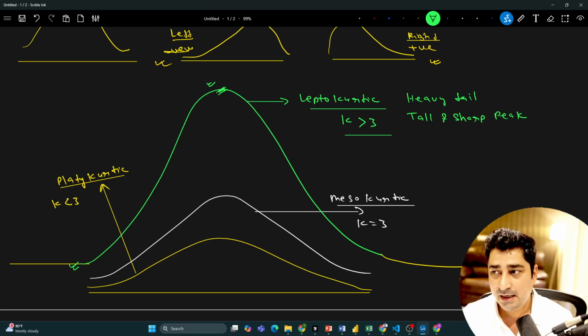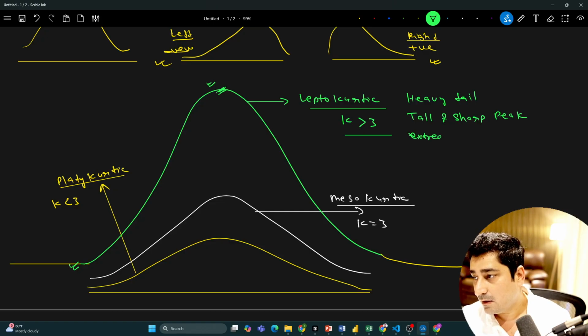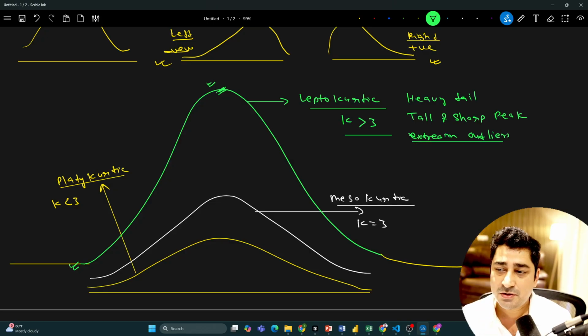So whatever data has k greater than 3, we can label it as leptokurtic, as simple as that. And it says that there is an extreme outlier. Extreme outlier, this is what it always talks about.